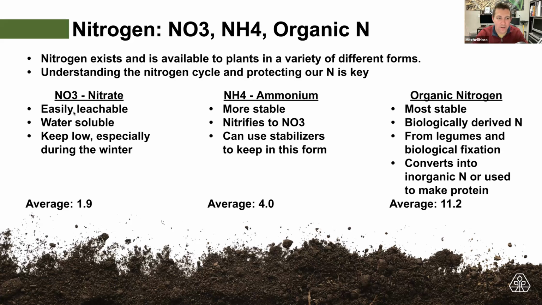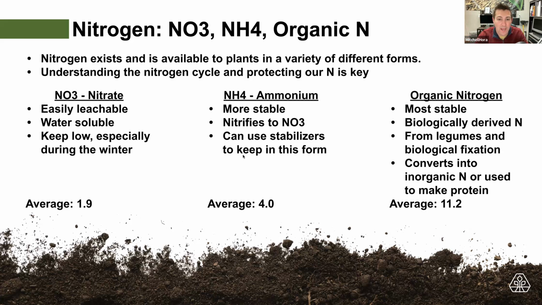That's the stuff that nitrate and ammonium is, very available for plants, of course, but also potential for water quality issues and to be lost out of the soil. Keep in mind, this nitrogen is always in cycle.